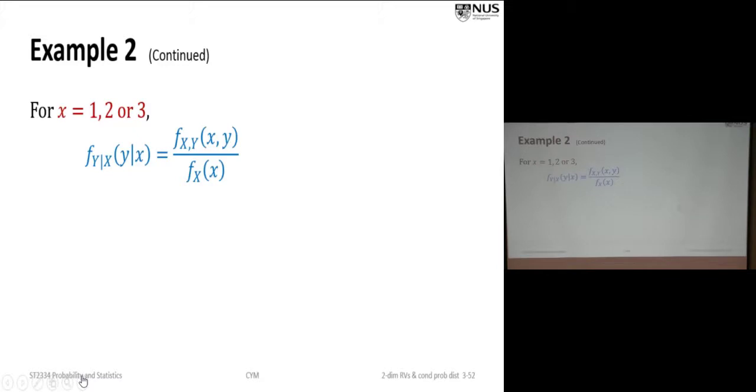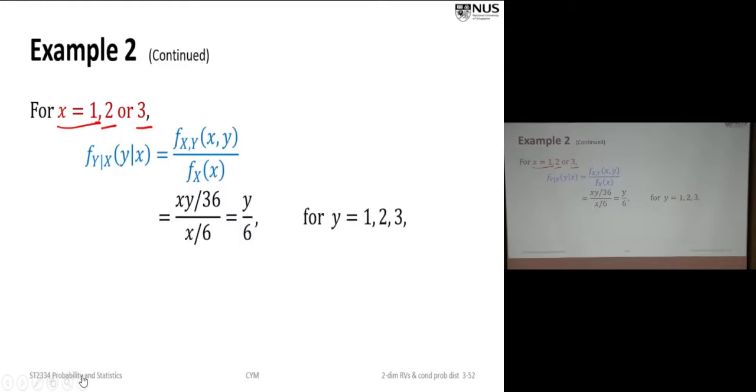Here I specify that for x equal 1, x equal 2, or x equal 3, I can apply this formula. It is the joint PDF, because for x equal 1, 2, 3, the joint distribution is given by xy over 36. And the marginal distribution is given by x over 6.